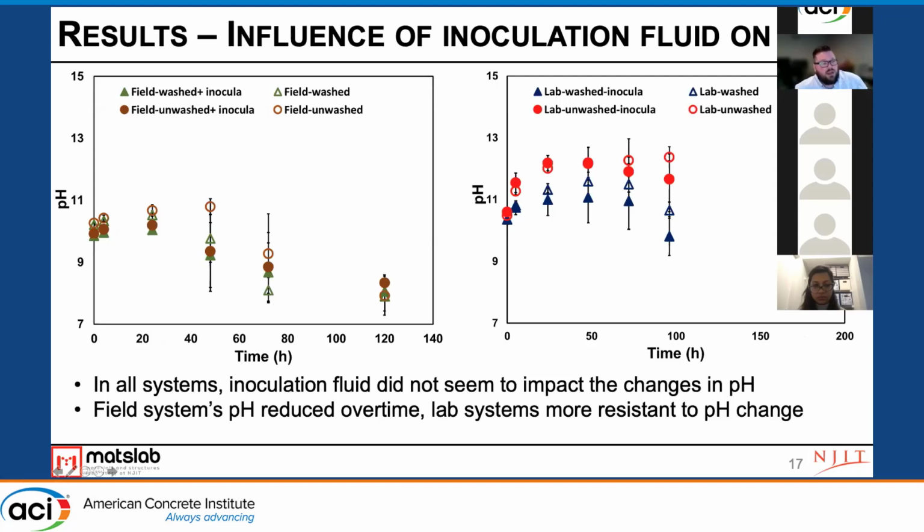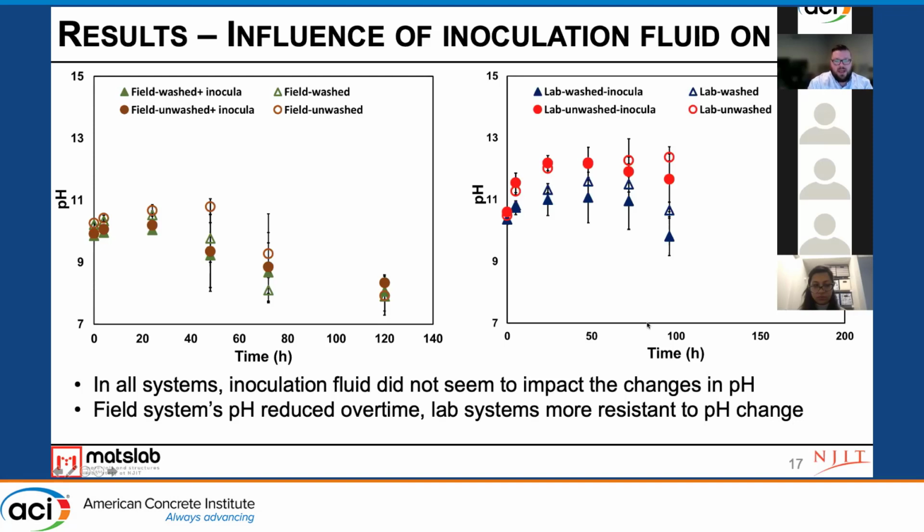We then took new recycled concrete, both washed and unwashed, and stored that in either the inoculation fluid or just clean deionized water. And what we found was that just storing those systems either with inoculation fluid or not didn't have a big impact on the pH.